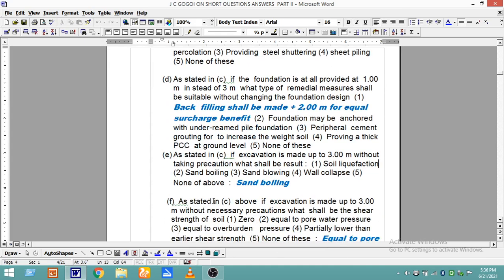As stated in C, if excavation is made up to 3 meter without necessary precaution, what shall be the shear strength of soil? That means, if we anyhow excavate up to 3 meter below ground level, that is 2 meter underwater, what shall be the shear strength?